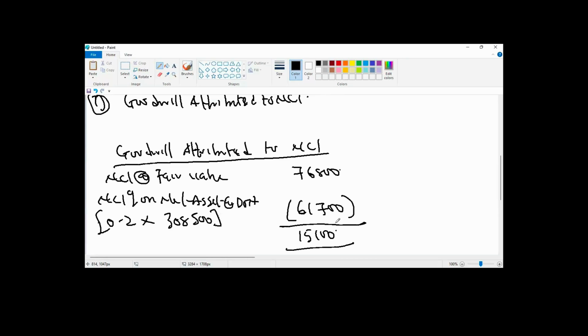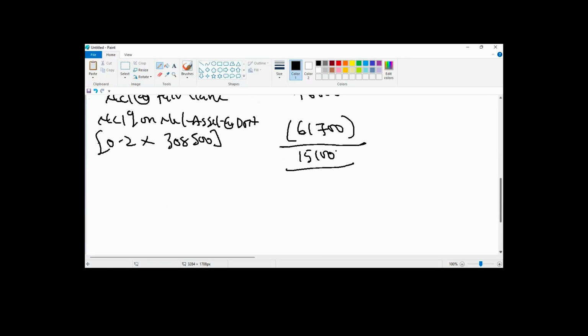Or I get the goodwill of the parent using the proportionate share method, or also cost of investment. What is the cost of investment? 345,600.